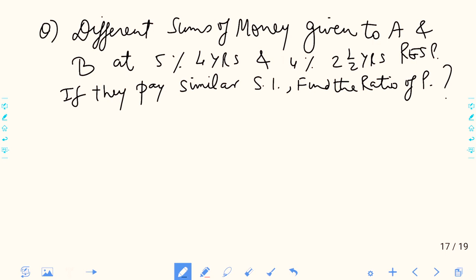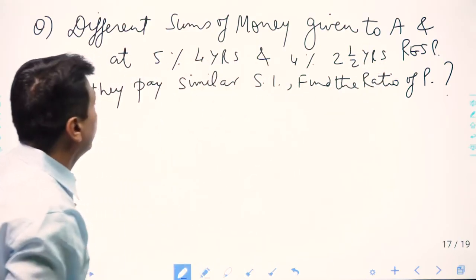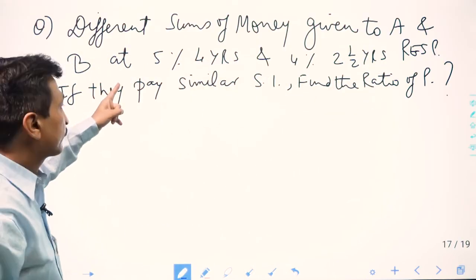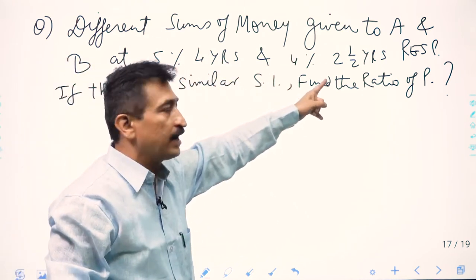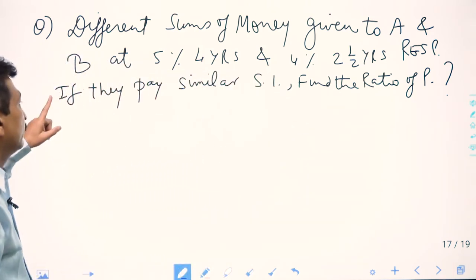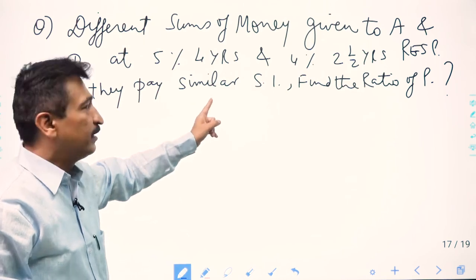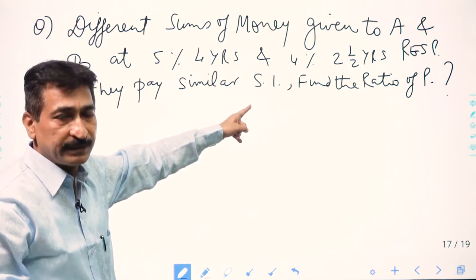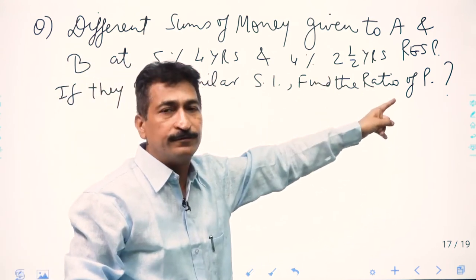Different sums of money were given to A and B at 5% for 4 years and 4% for 2.5 years respectively. If they pay similar simple interest, I am writing the short form SI, find the ratio of the principals.